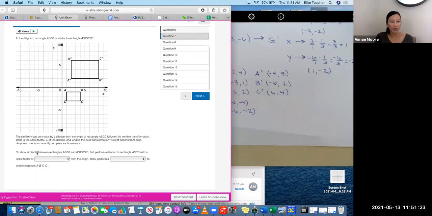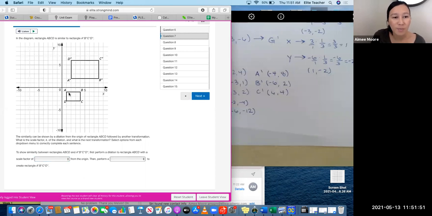So to show similarity, first perform a dilation to rectangle ABCD with a scale factor of what? If we want to make this rectangle the same size as this one, what's our scale factor going to be? A scale factor of 1/2, or is it just 2? Of 2. Yep, because if we want to make it bigger, it would be 2.